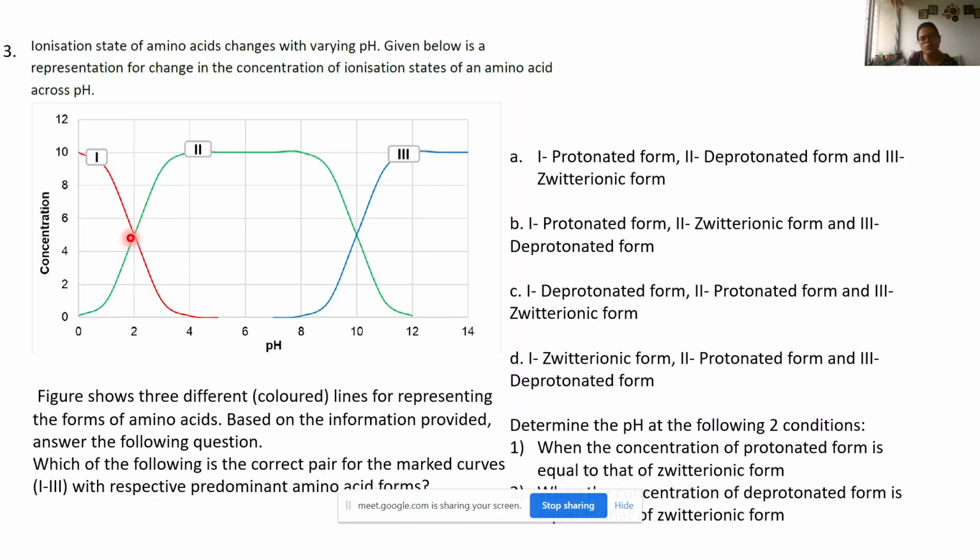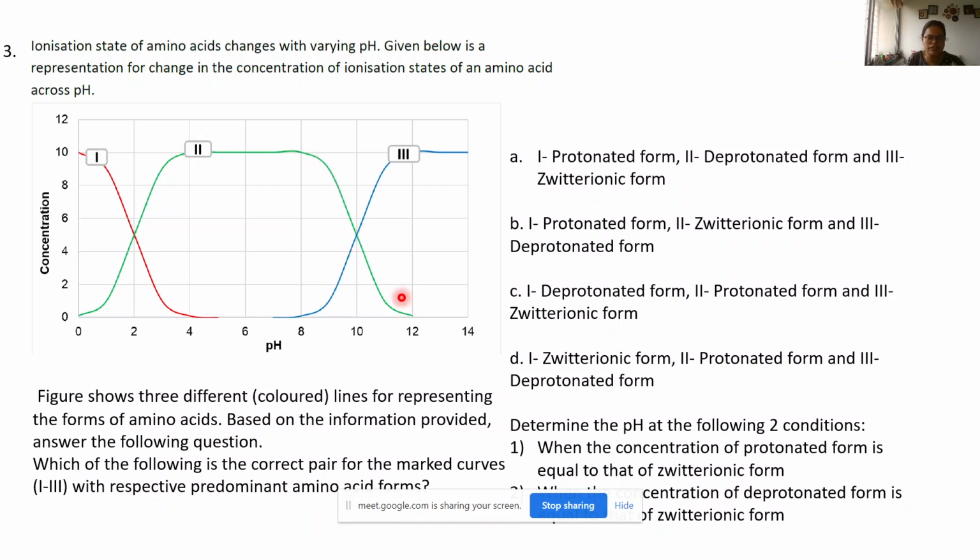At this particular point, the concentration of protonated and zwitterionic form will be equal. After that, with increase in pH, the protonated form will decrease further and the zwitterionic form will increase. And here it will be in a steady state, so the concentration of zwitterionic form will be stable.